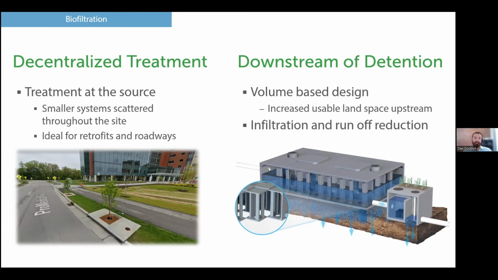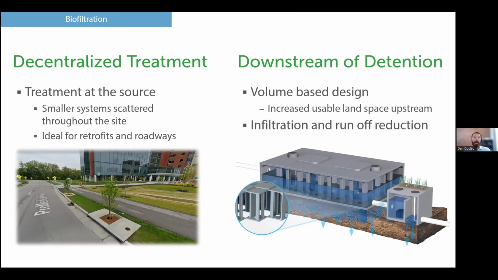Decentralized systems are ideal for your urban retrofits and roadways, because you've got a shallow configuration and the ability to install them within the existing infrastructure, which is a huge benefit for those urban retrofits and public infrastructure jobs that we're constantly seeing pop up.